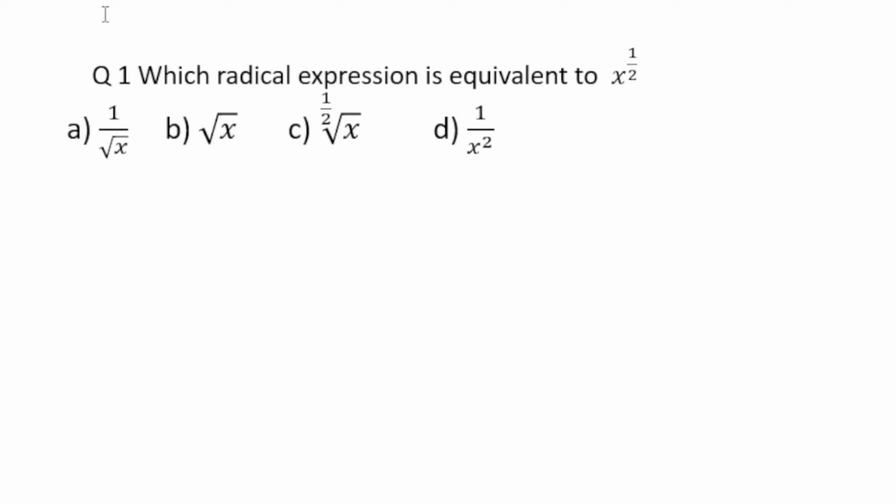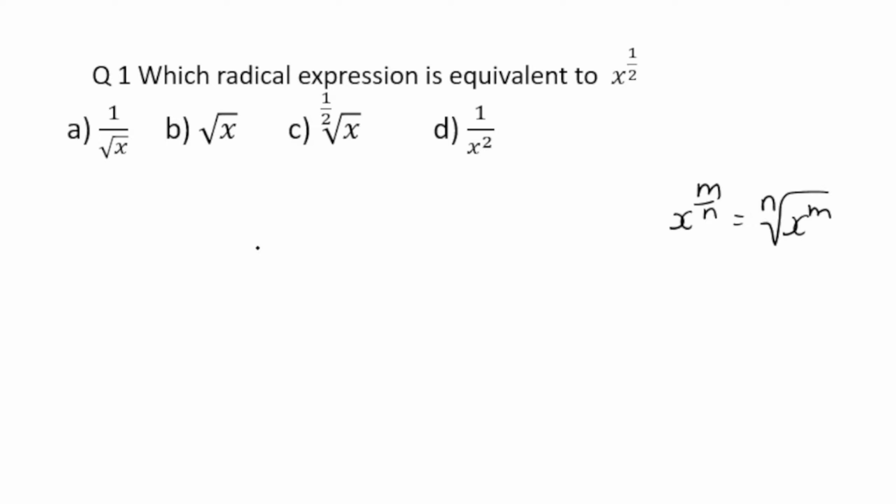Question number 1. Which radical expression is equivalent to x to the power 1 over 2? What we know is that x to the power m over n is the same as the nth root of x to the power m. Here you go.